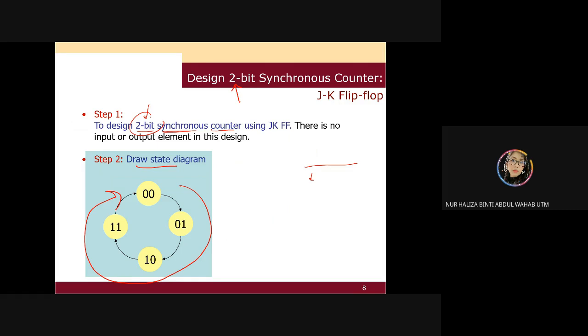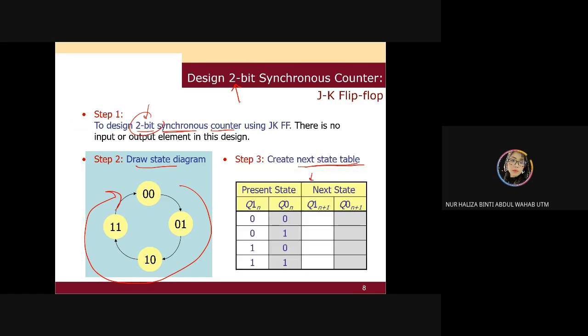After that, you come out with your next step, the next state table. Just now, we already have this one for the conditions of 1 bit only. But for this next state table, we know already from our state diagram, we can derive this.